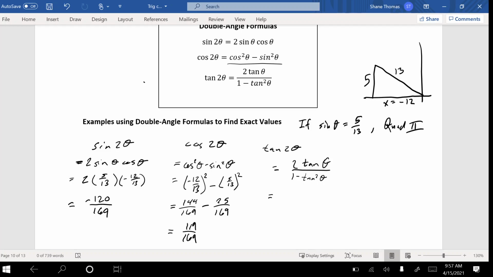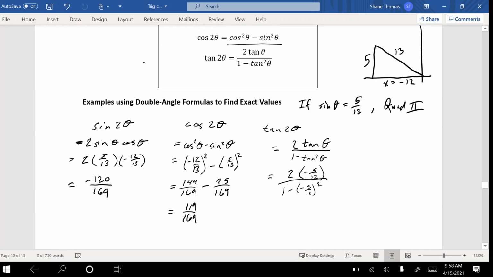So I'm going to have 2 times negative 5 twelfths over 1 minus negative 5 twelfths squared. All right, so then I'm actually going to end up with a fraction over a fraction here of negative 5/6 over 1 minus 25 over 144.